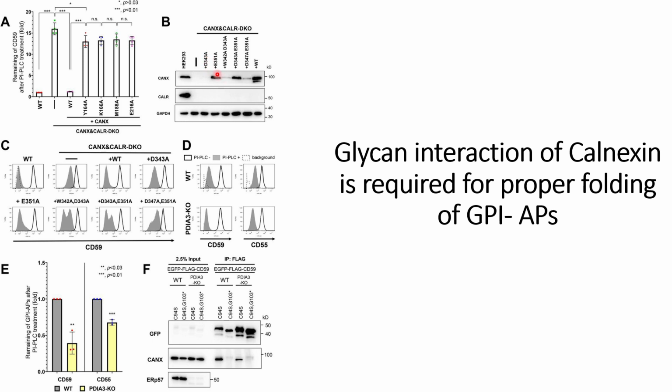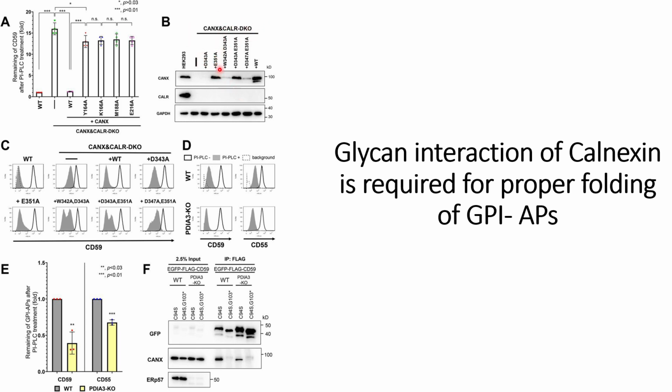And what they found is that some of these constructs are not stable, however some of them are stable, and then they checked which constructs are stable, and in panel B they show which are the constructs that are stable. So they express these constructs in the Calnexin and calreticulin dual knockout.